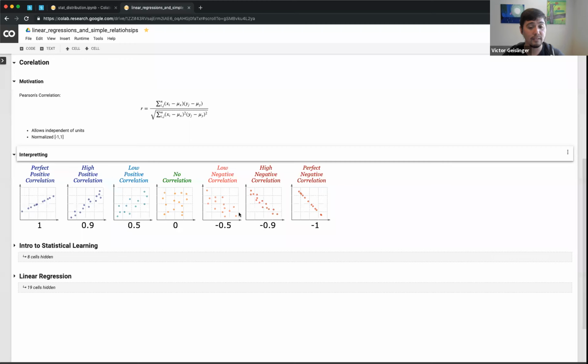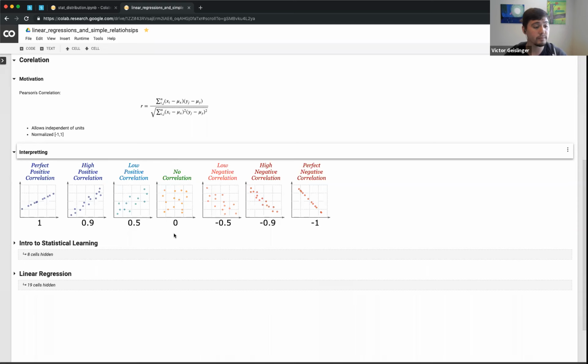And of course, we have the negative correlation going in the opposite direction. Note that a negative correlation is probably just as good as a positive correlation of the same absolute value. It just means that it's going in a different direction of your feature. The lower the absolute value of the correlation, the more you're leaning on maybe they're not related to each other. Okay, they're not correlated. Cool.